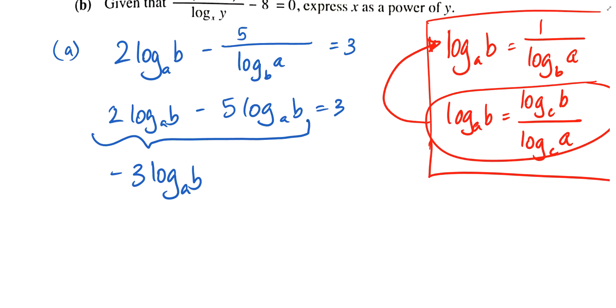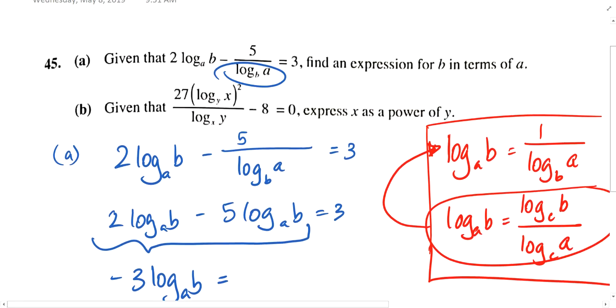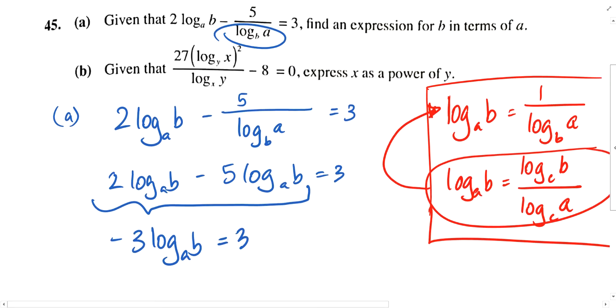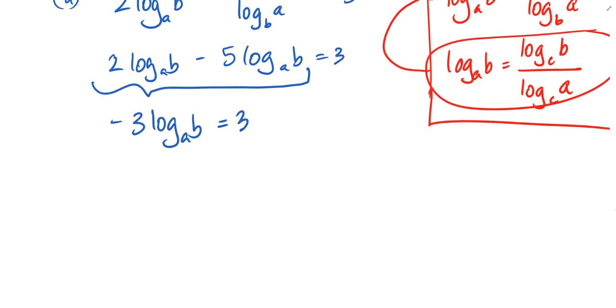Okay? So on the right hand side, using what Cosby suggested, we have... Also, Cosby, do you still want to change it to log a b? No, log a b. What does the question want? Find an expression for b in terms of a. So log b. On the right hand side, let's leave it as 3 first. Then, since I want to express b in terms of a, what can I do next?